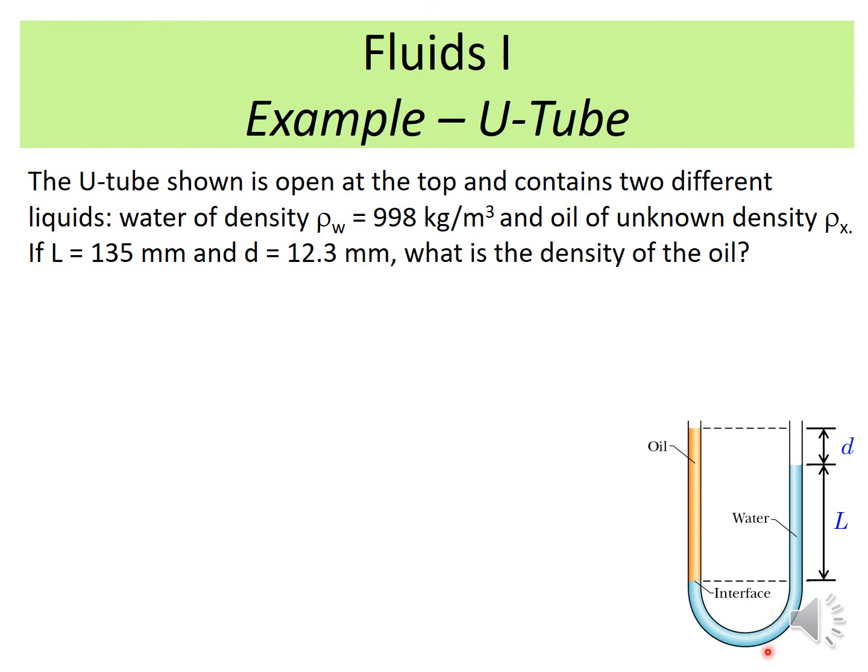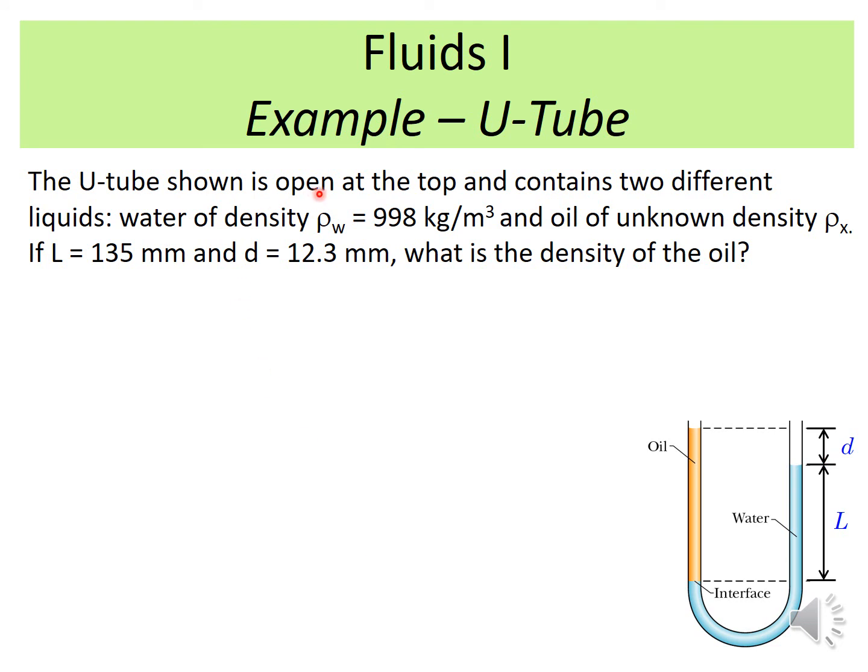So this is shifted in an unsymmetric way because the two densities are not identical. So you can define the height of the water column above the line where the oil-water interface is, and you define this as L. Then the difference between the water-air interface and the oil-air interface, you define as D.